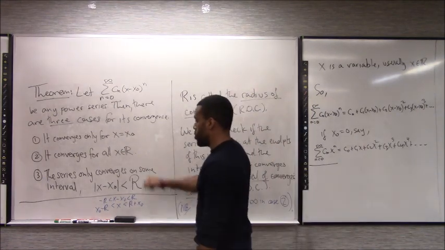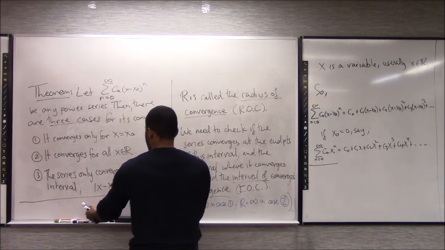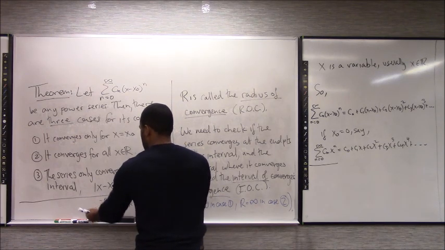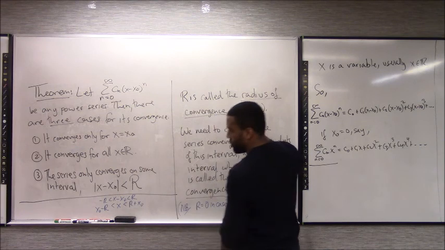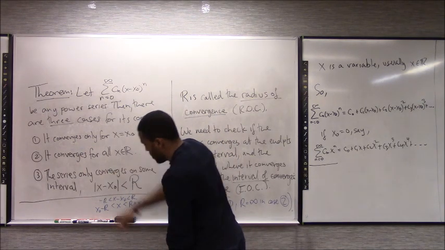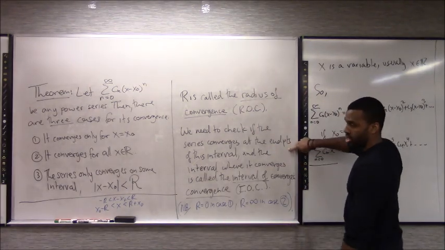Or there's going to be some window. It will only converge for x's in this window. In that situation, I know that it will converge in that window, at least if I have open intervals here, but I have to specifically test the endpoints. It might converge at this boundary or that boundary, but I'm not going to know unless I specifically test it. So this is where your convergence tests are going to come in handy.